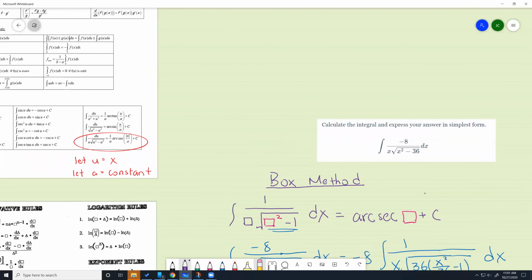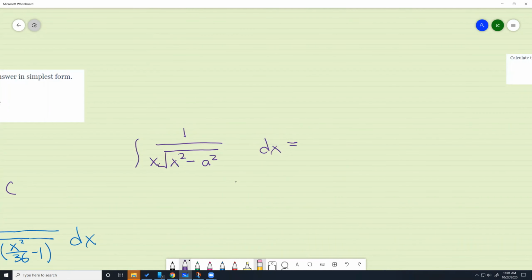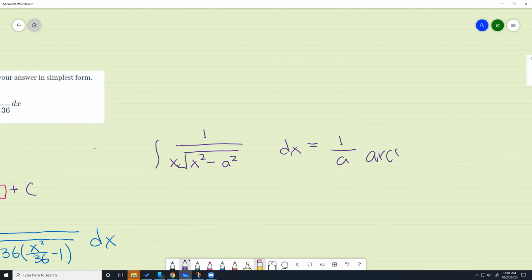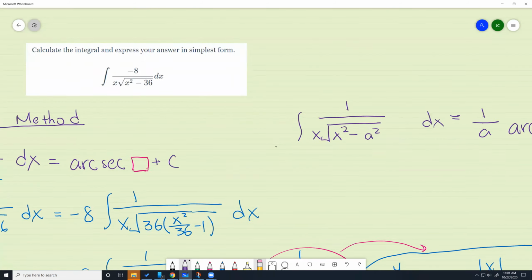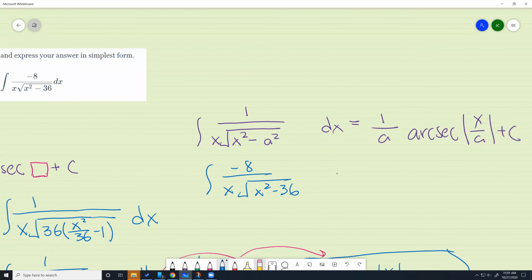equals 1 over a, and so on. You can tell this might be even easier because, well, what I'm going to do, I rewrite the problem again, so you can see which values go with what. a squared is 36.